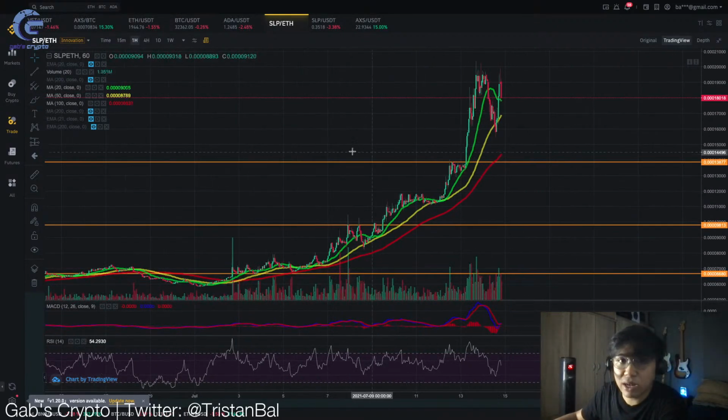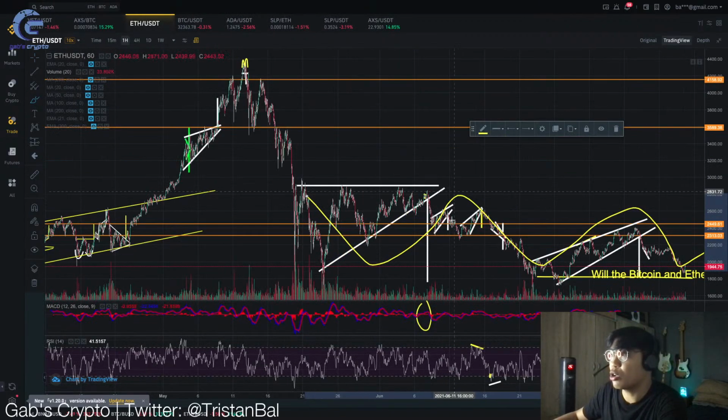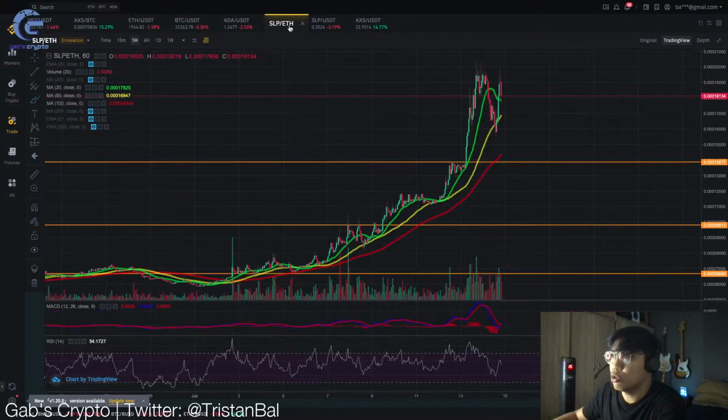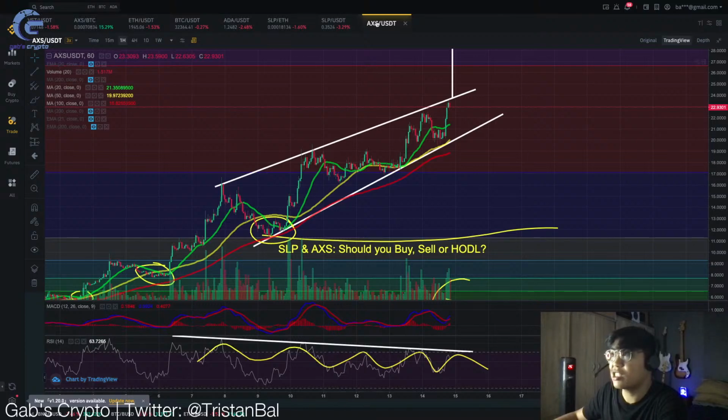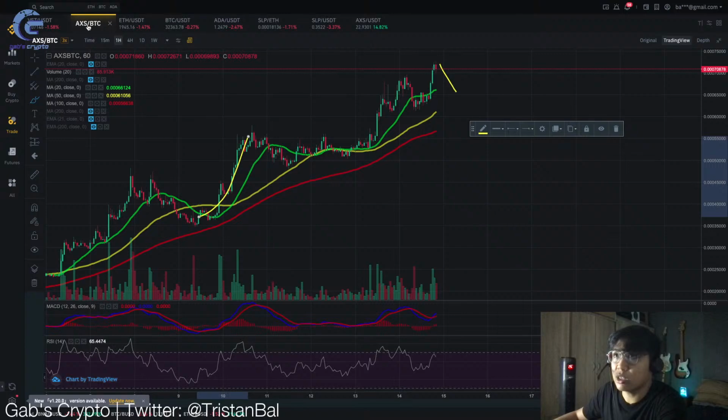So ito yung kailangan nyo abangan palagi, which is other than the Bitcoin pairing is the Ethereum price action. Kasi the more na magko-consolidate si Ethereum, dun more likely magpa-pump si SLP and Axie Infinity token. Si Axie Infinity token dependent naman kay Bitcoin, and you could actually check that one out with the Axie Infinity to Bitcoin dominance pairing. So yun yung kailangan nyo i-check ngayon.